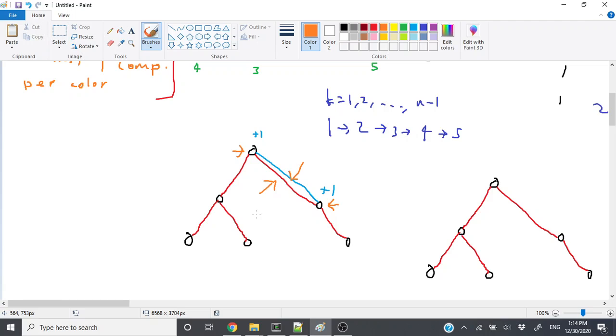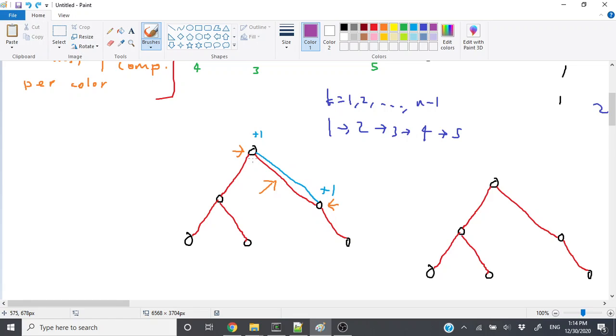And if we extend this to beyond a single edge, it'll still work, because we have the same argument: we have some path of red edges, and we have some red edge here, and we have some red edge here.